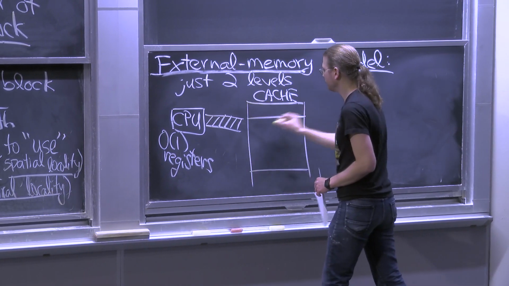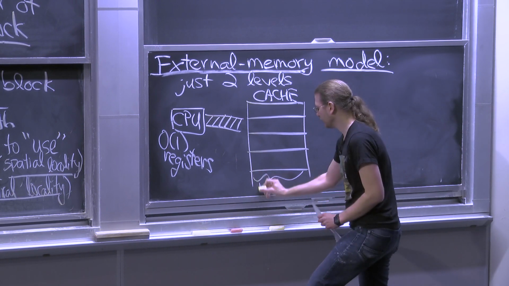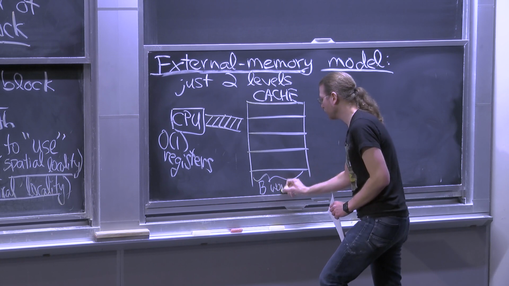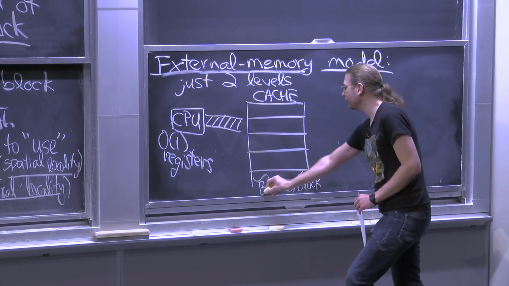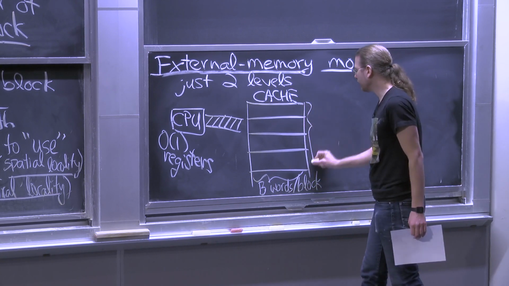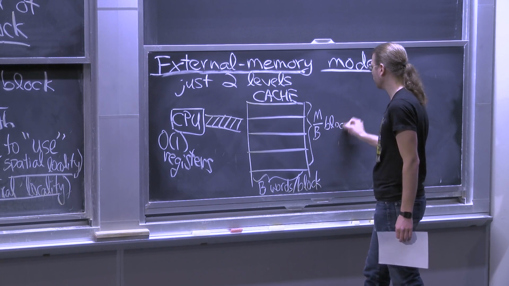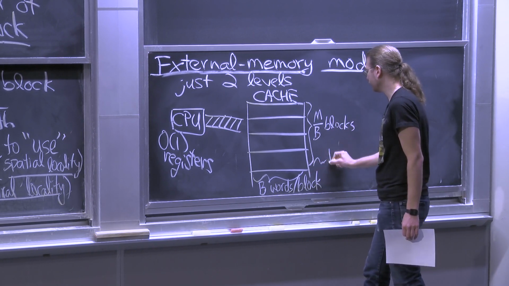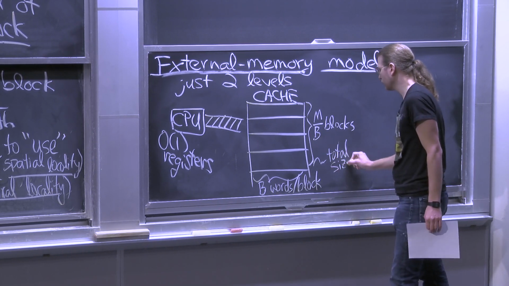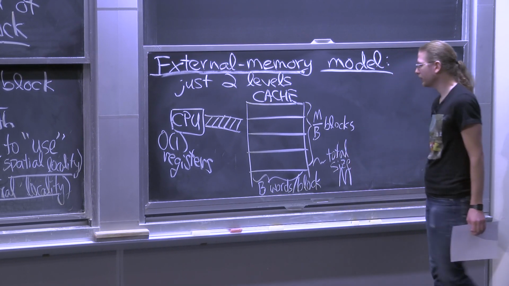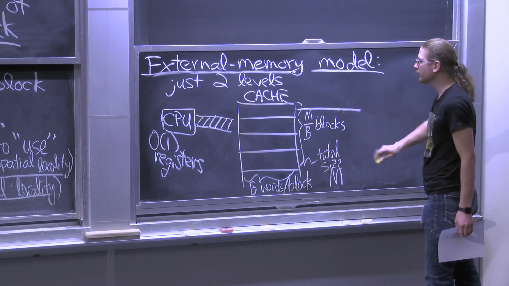Cache is going to be divided into blocks. So let's say there's B words per block. Instead of writing block size, I'll just write capital B. And the number of blocks I'm going to call M over B. So the total size of your cache is capital M. And then there's a relatively thin and slow connection.